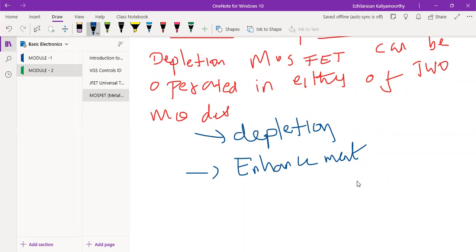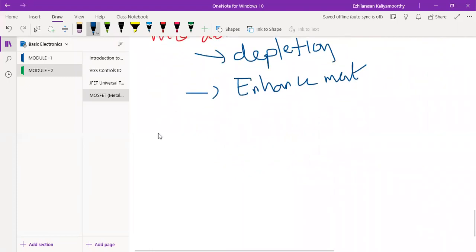Since the gate is insulated from the channel, either positive or negative gate voltage can be applied. The N channel MOSFET operates in the depletion mode when a negative gate to source voltage is applied.